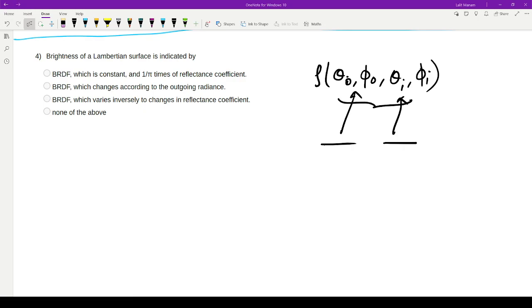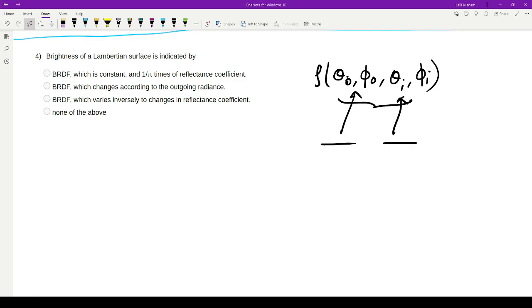The path of the rays is independent of the direction. Input or output? Output. What about input? It applies to input as well. It's completely irrespective of the input and output directions.